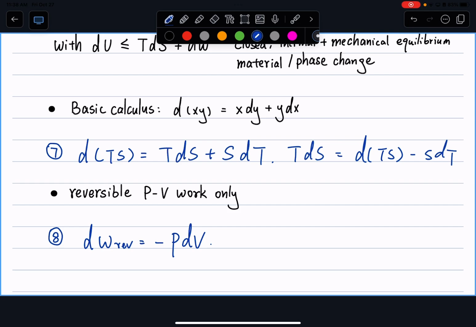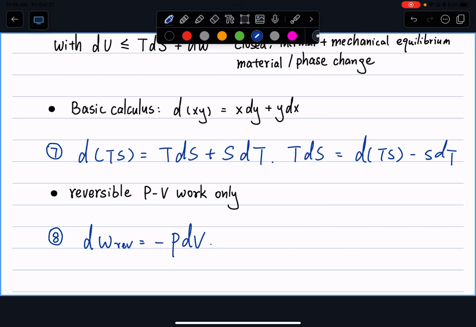And taking that all together, what do we have? We have dU smaller than or equal to d(TS) minus SdT minus PdV. Right, we can move this term here to the left-hand side.